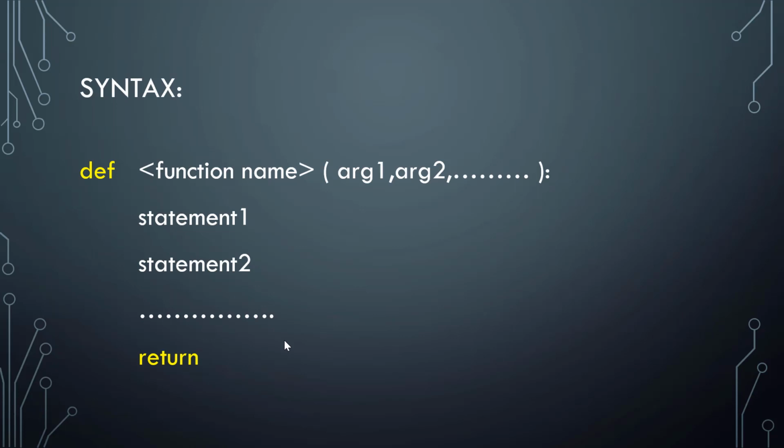Right now, we are talking about how to work with functions. Another advantage of functions is that if you write a function once, you can call it any number of times, so that we can save memory. This is reusability of the code. Only one time we are writing, but we are calling many times. This is the major advantage of functions.